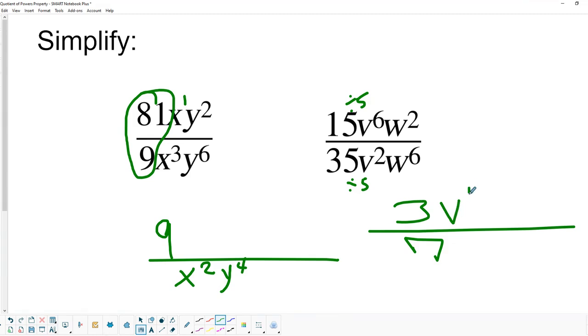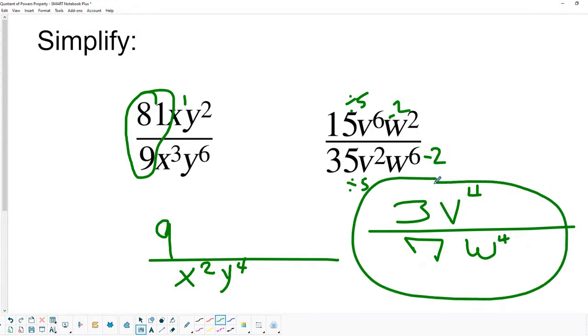So b to the 4th, because we're minusing the smaller one from the bigger one. And then on our w's, we're doing the same thing. And the bottom w is bigger than the top one as far as our exponents. 6 minus 2 is 4. So we got w to the 4 on the bottom. Look at that. That's kind of interesting, isn't it?